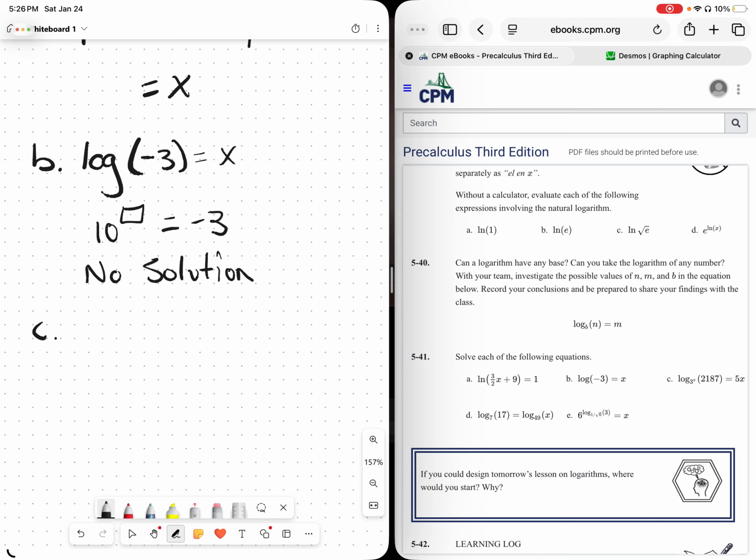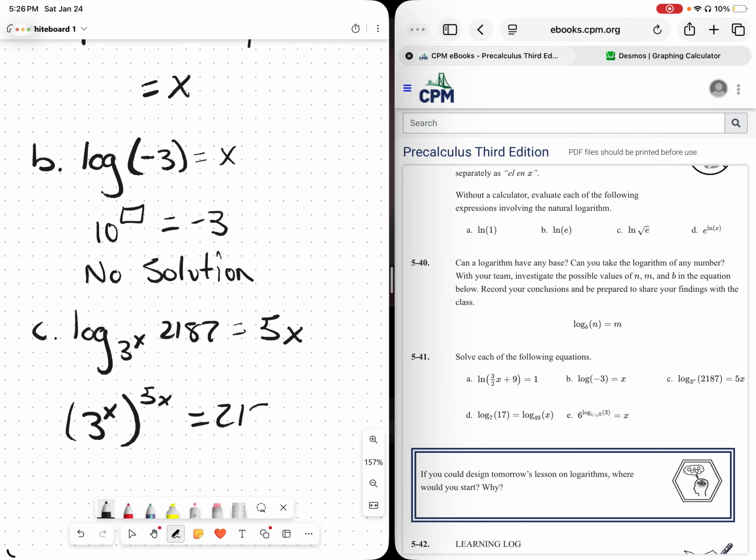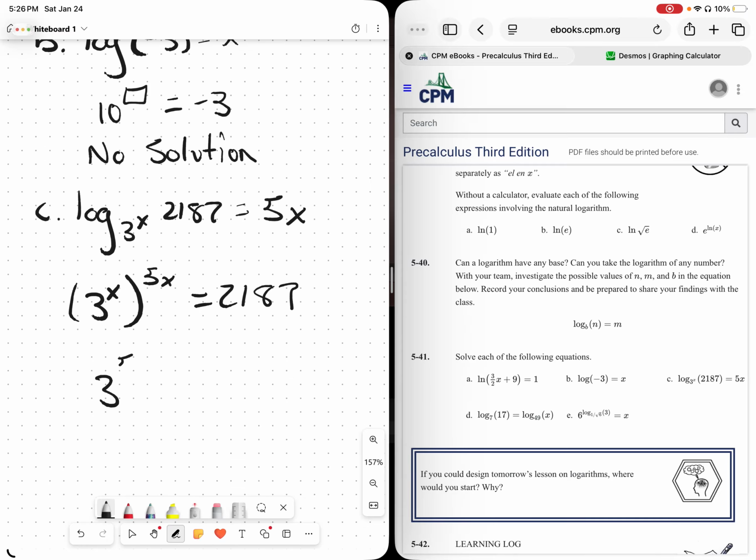Okay, looking at C, the log of base 3 to the x of 2187 equals 5x, right? So this is 3 to the x raised to the 5x equals 2187. So again, this is 3 to the 5x squared equals 2187, right?